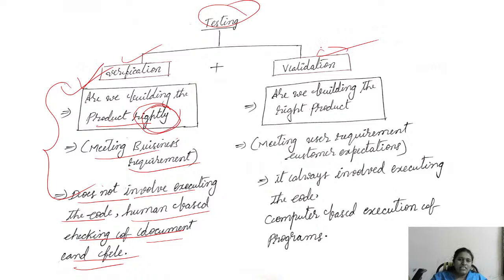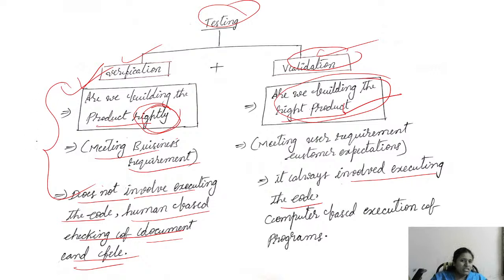Next one is validation. Validation means, are we building the right product? This involves executing the code. Only after executing the code do we come to know whether this is the right product or not.